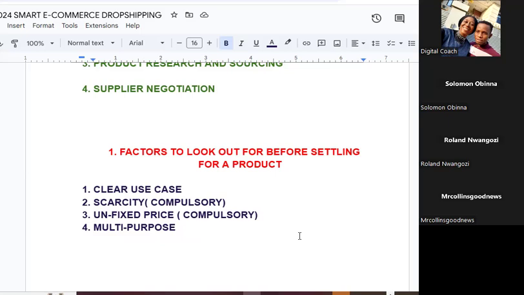The one you have can blend tomatoes, ogbono, okra, everything. The other one can only blend tomatoes. Which one will you go for? Definitely you will go for the one that can do many things at the same time. So if you have a product that can fulfill multiple purposes, you are at an advantage of selling well. Okay. All right.